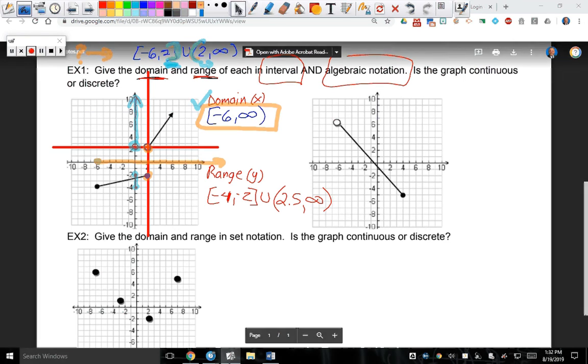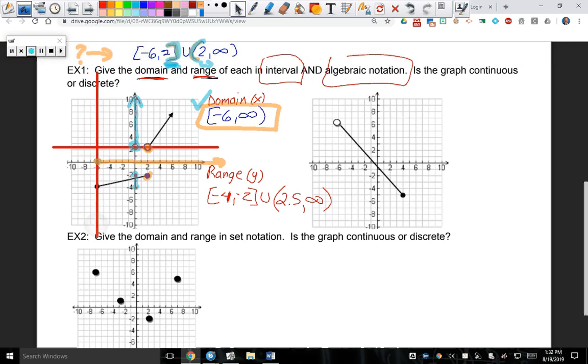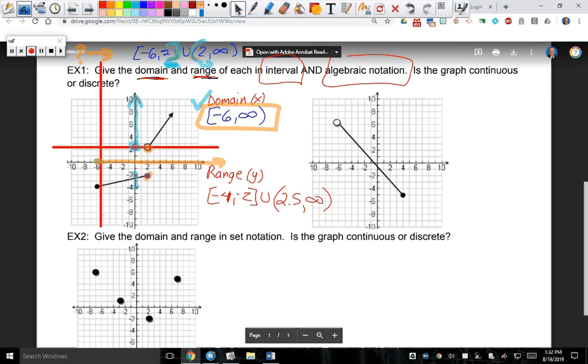Okay, so let me scan one more time. So right here, look at the graph, and at x is equal to -6, it's beeping. Everywhere where it's orange on the x-axis, it's beeping on the graph, x-wise, okay?